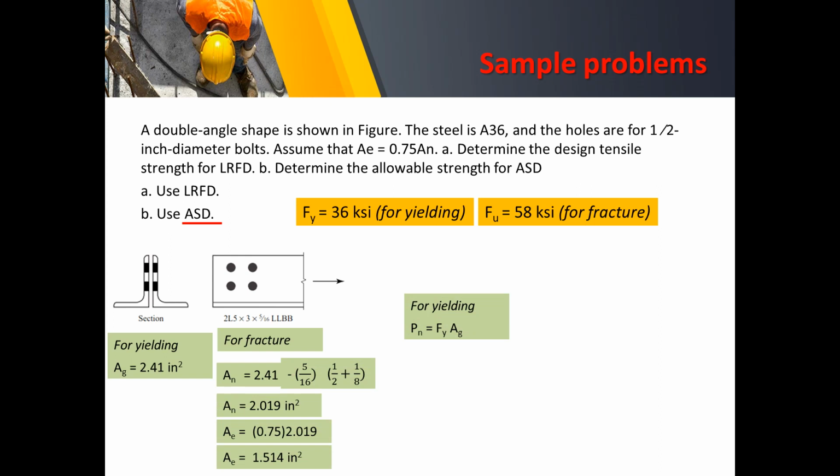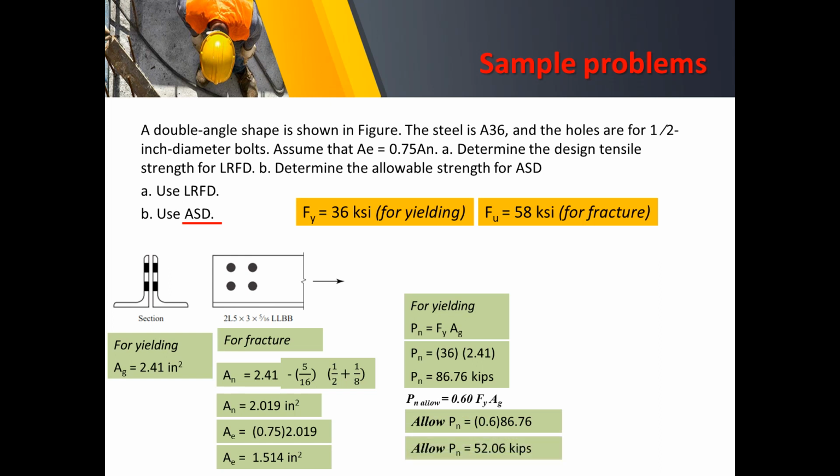We can compute for Pn, FyAg. We come up with 86.76, and that shall be multiplied by 0.6. So you have the allowable loading Pn, 60% of 86.76 equal to 52.06 kips. That is for yielding.